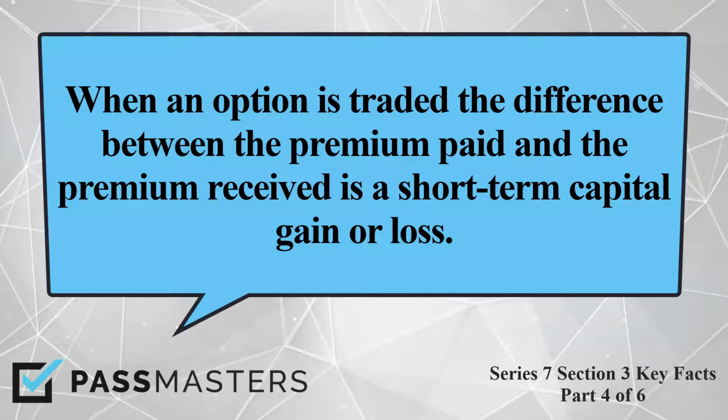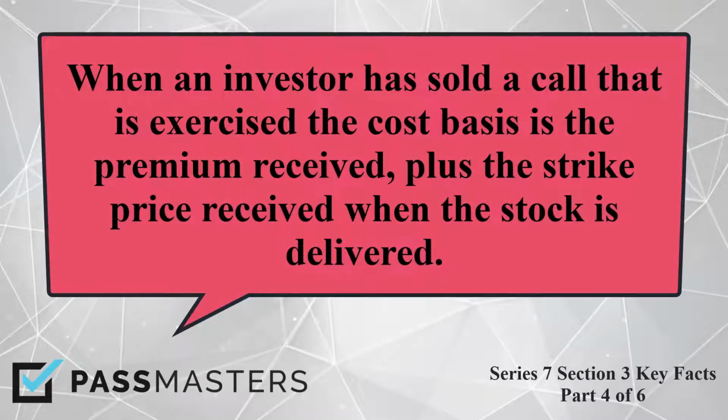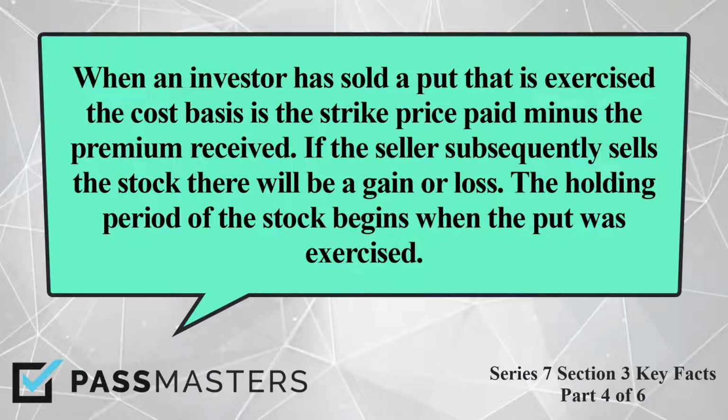When an option is traded, the difference between the premium paid and the premium received is a short-term capital gain or loss. When an investor has sold a call that is exercised, the cost basis is the premium received plus the strike price received when the stock is delivered. When an investor has sold a put that is exercised, the cost basis is the strike price paid minus the premium received. If the seller subsequently sells the stock, there will be a gain or loss.